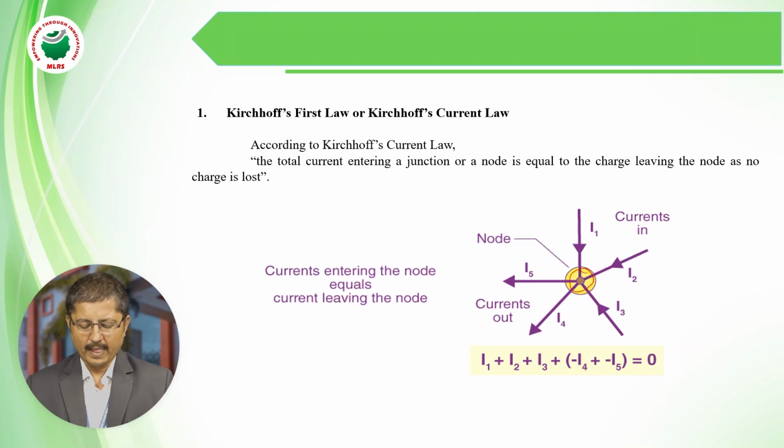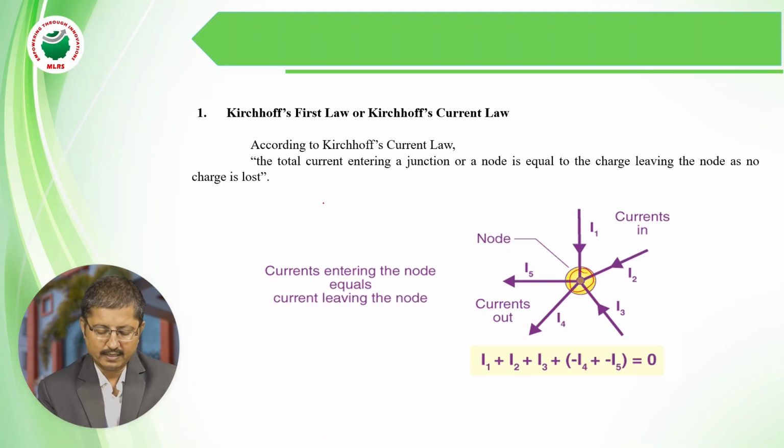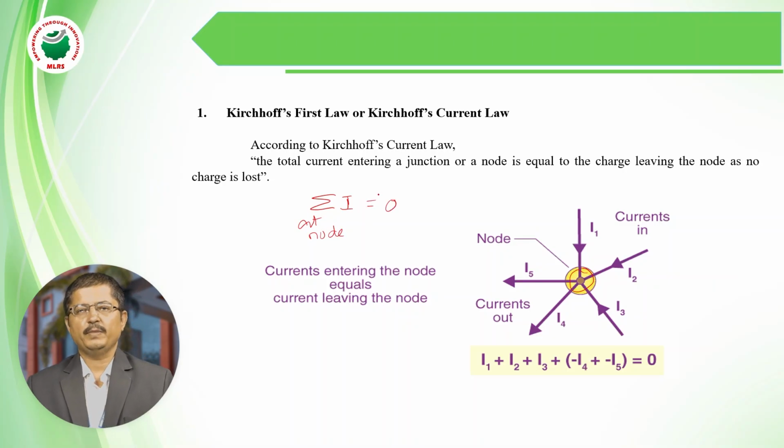According to the definition of Kirchhoff current law, the algebraic sum of currents meeting at a particular junction, which we can write as sigma I at a node, is equal to 0. That means here we can see a total of 5 currents represented in the diagram: I1, I2, I3, I4 and I5.